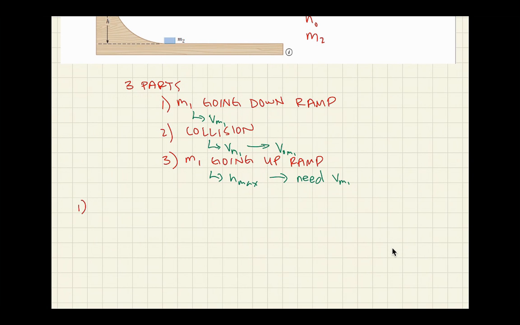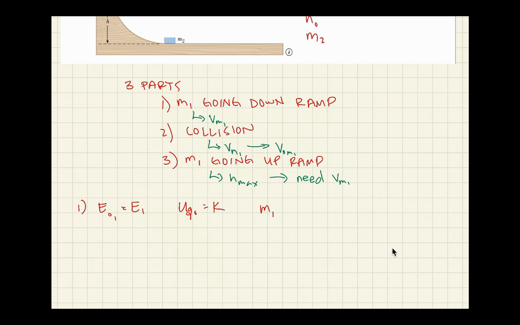For part one, given that it's conservative forces and frictionless, the initial energy of block one is equal to the final energy of block one at the bottom of the ramp. At the top it has gravitational energy, and at the bottom it has kinetic energy.